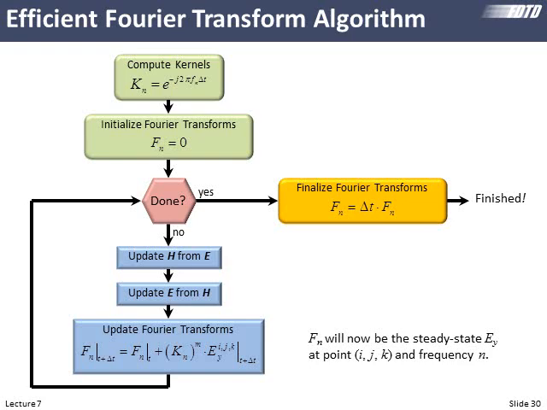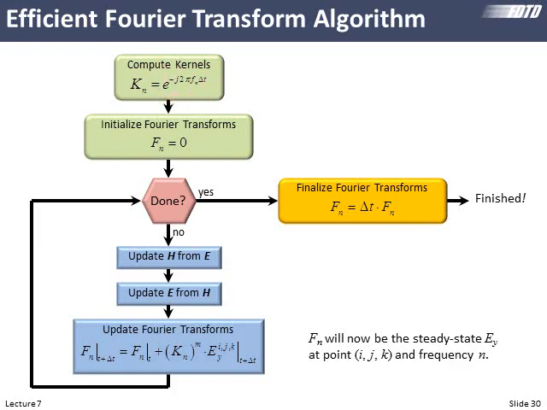Let's put this into block diagram form. And we start off, we've eliminated a lot of, we're just not showing a lot of the basic FDTD steps. And so what we're doing here is concentrating on the steps really just associated with the Fourier transforms. So the first thing is to calculate all of the kernels. Remember, there is one kernel for every frequency of interest.